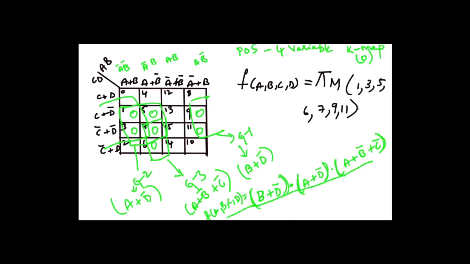The terms which are not present here will be the min terms for this question. That means this will be equal to the summation of min terms: there is no 0, there is 1, there is no 2, there is no 4, 5 is there, 6, 7, there is no 8, 9, there is no 10, 12, 13, 14 and 15.